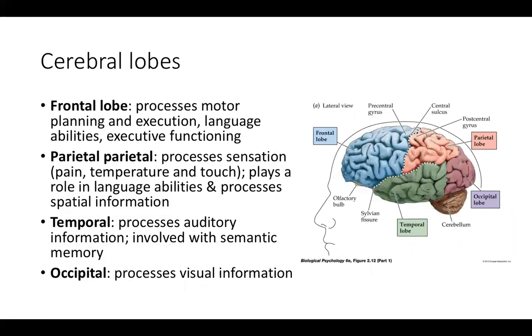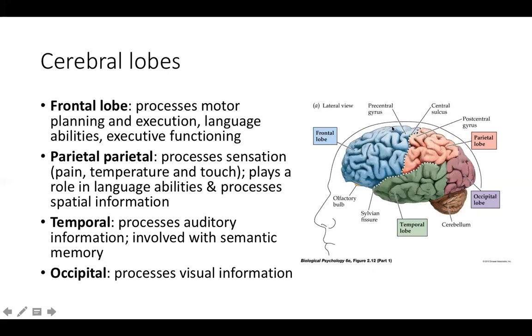This is definitely my favorite division of the brain, and it's because it's the functional division of the brain mainly. And that is by looking at the four lobes of the brain. Some of you may have heard about these different lobes, maybe heard a little bit about what they do and how they're important. And so I want to take a moment and discuss that with you a little bit. Here in blue is the frontal lobe.